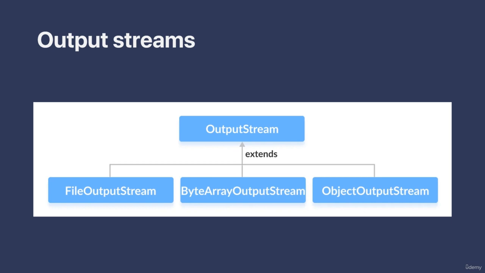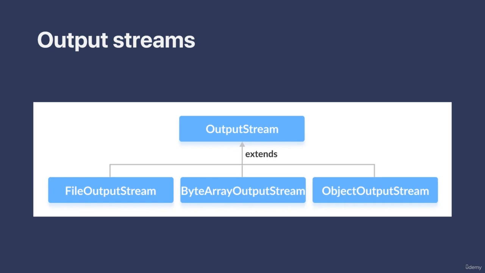So what is output stream? The output stream is an abstract class. It's a superclass that represents an output stream of bytes. Since output stream is an abstract class, it is not useful by itself. However, its subclasses can be used to write data.